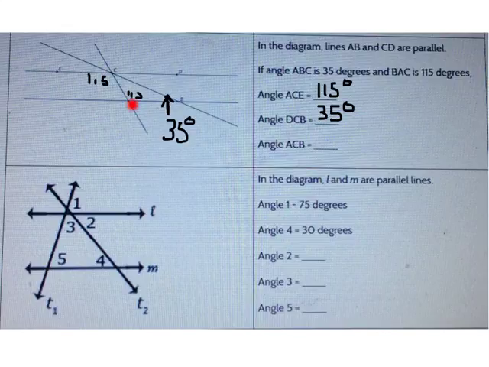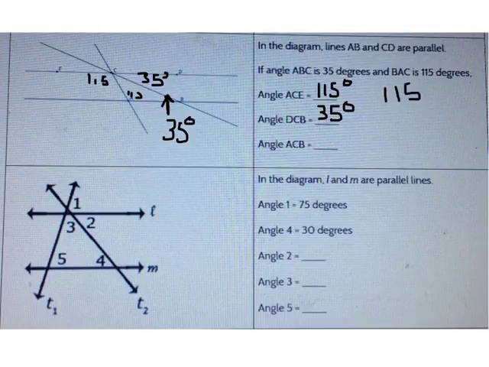To solve for angle ACB, I could use a couple strategies. I can see that it's on a straight line with 115 degrees and 35 degrees. I can also see that it's the third angle of a triangle, where the other two angles are 115 degrees and 35 degrees. So I can add 115 and 35 and subtract from 180.